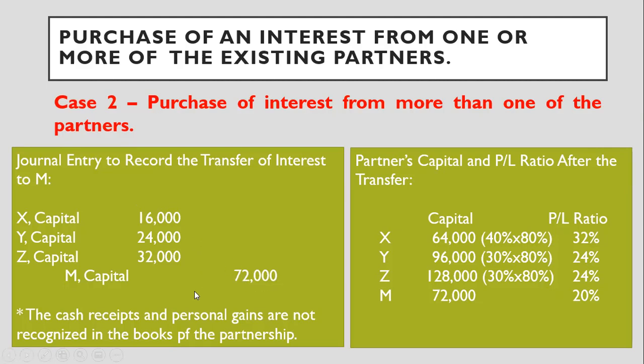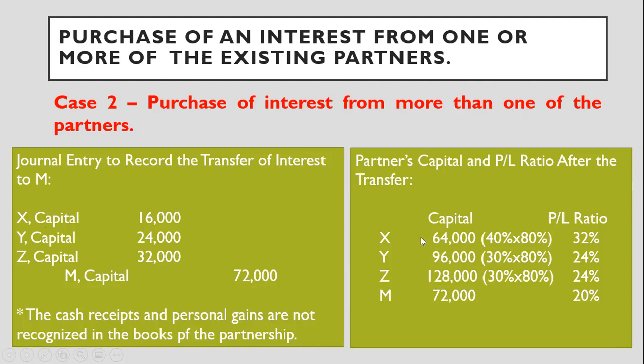Okay, so again, the cash receipts and personal gains are not recognized in the books of the partnership since the transfer is just between the partners and the new partner, which is M. And then what will happen after the transfer of interest? So these are now their new capital and P&L ratio.